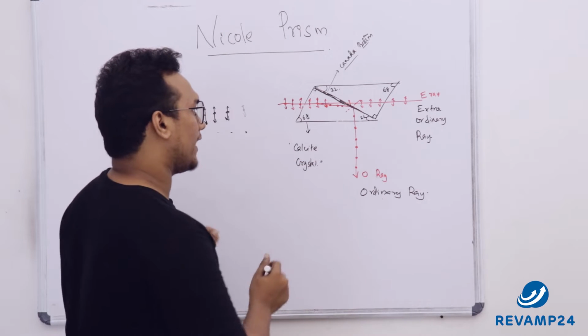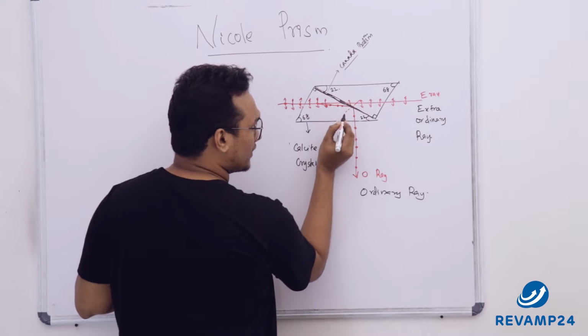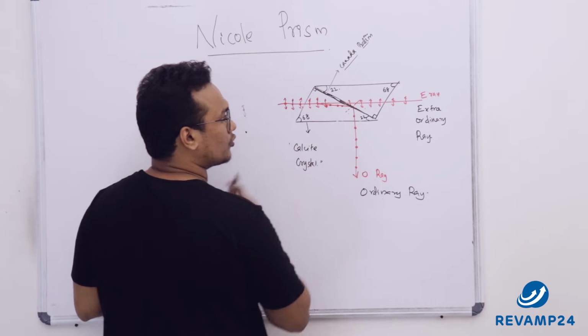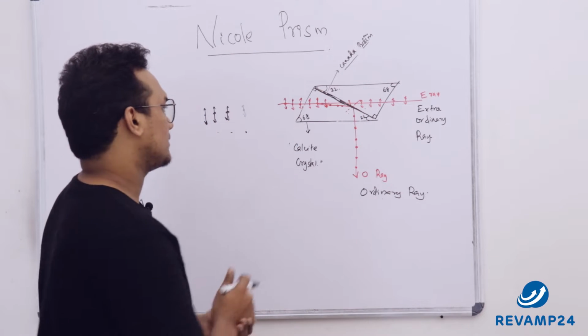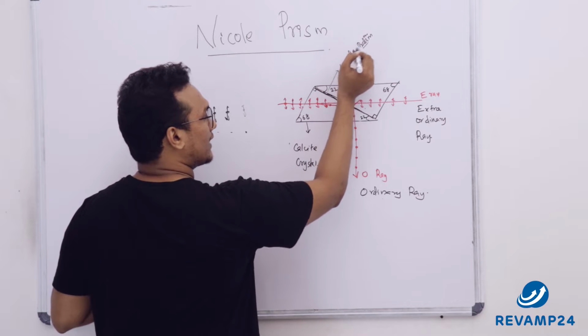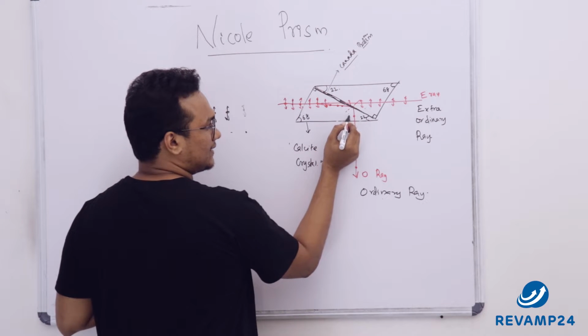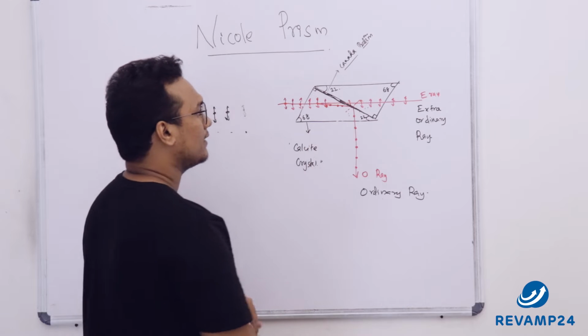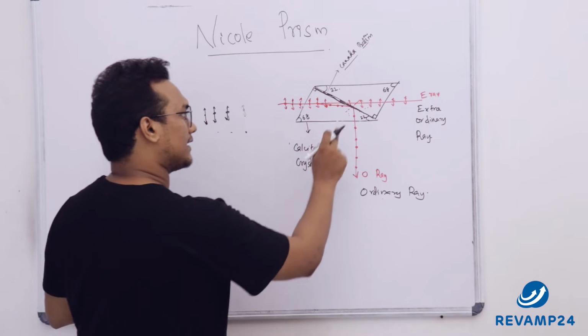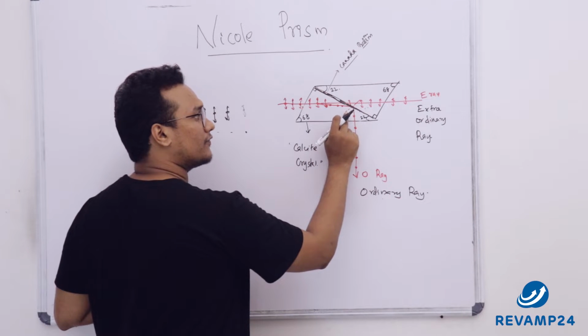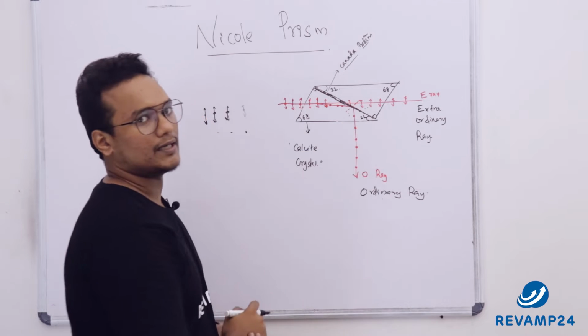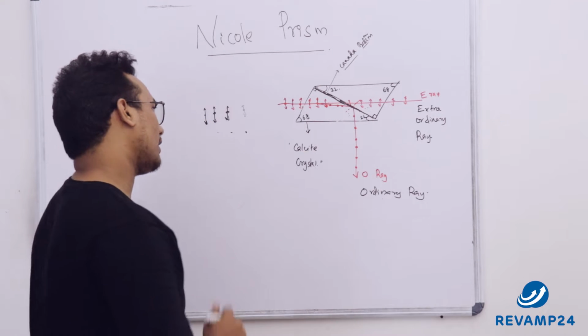Now again we go from one medium to another. We have calcite crystal, Canada balsam, and calcite crystal again. So again there is transfer from one medium to another, and refraction will happen.